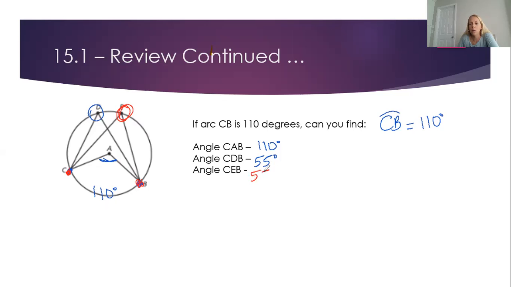So both angle D and angle E are 55 degrees because they intercept the same arc. Half of 110 is 55, and both of those angles intercept that 110-degree arc. So here you see an example of a central angle and two inscribed angles that intercept the same arc.